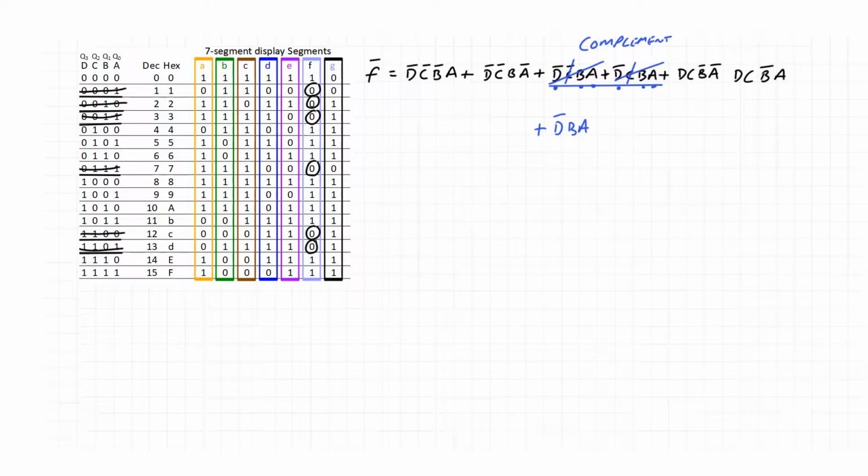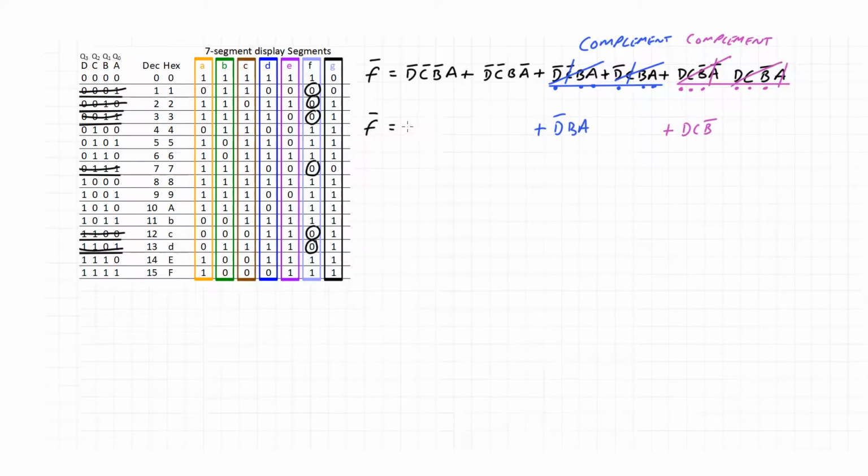So the value of C is redundant from the complement law. Then those two both have D, C, and not B, so it's the value of A that doesn't matter. So they reduce to D, C, not B.